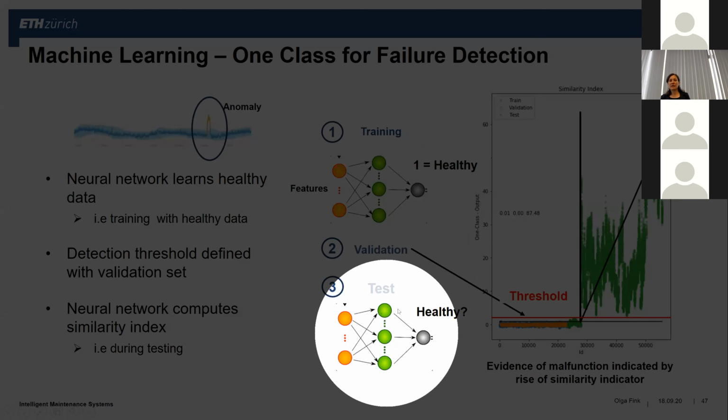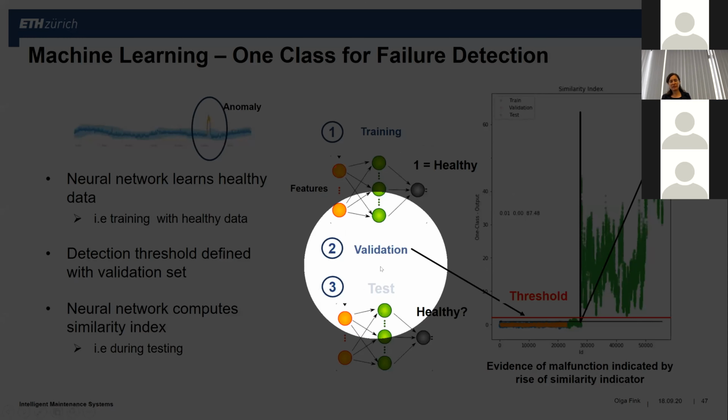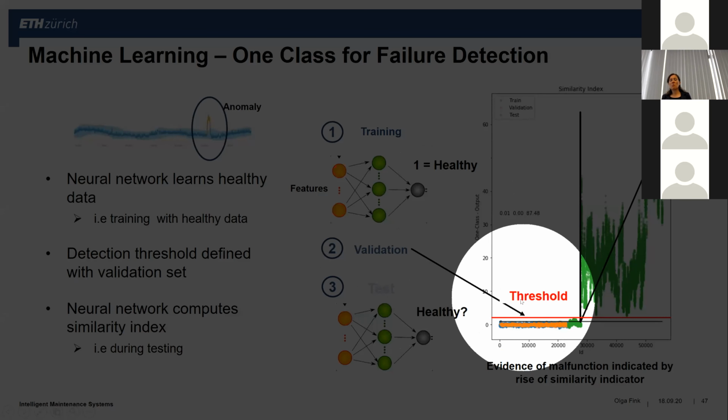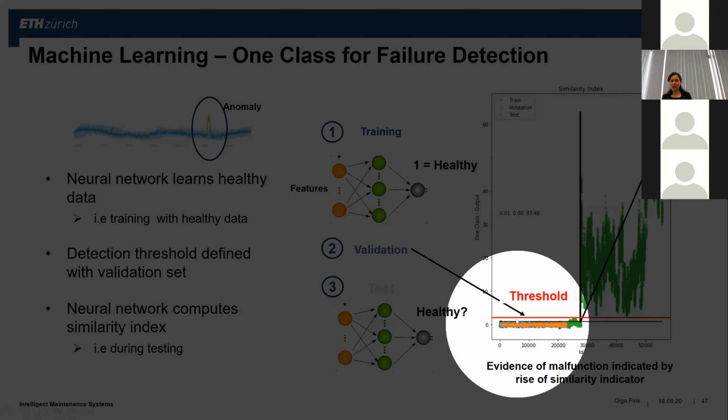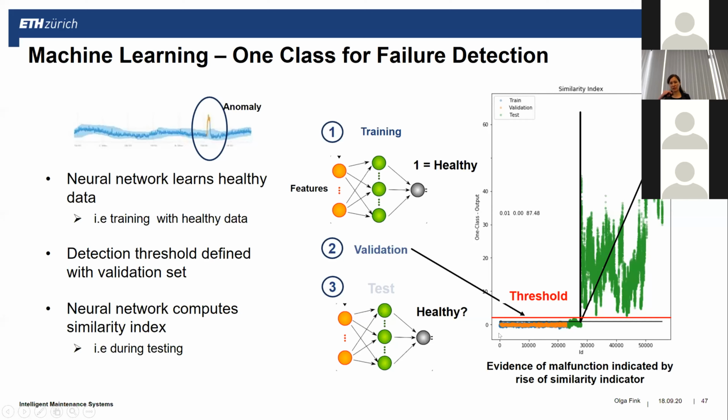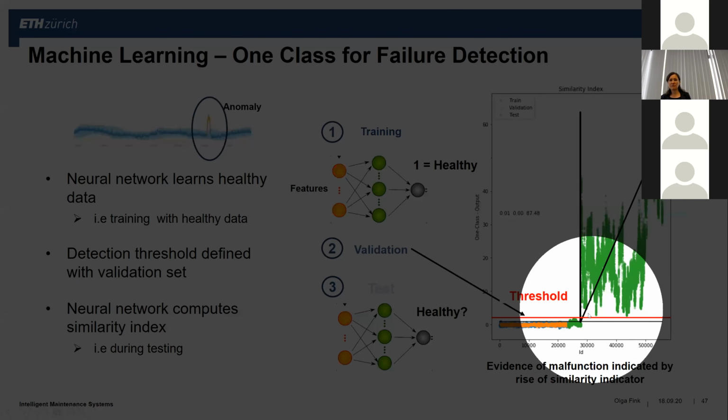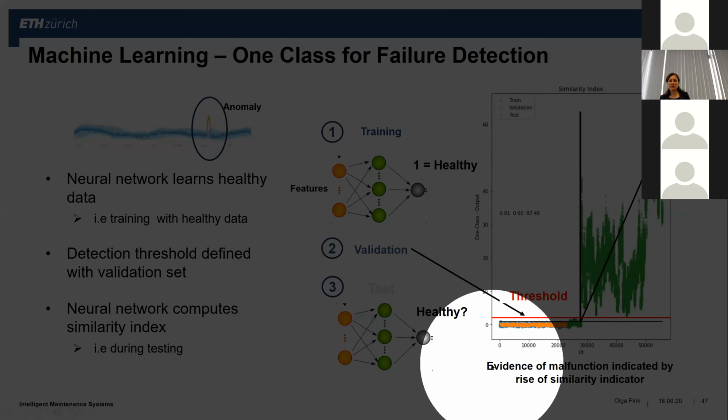And as you see, this is the output of the one-class classifier. The number cannot be interpreted directly. What it tells us is that, for example, this part is probably more distant to the healthy class than this part, and that probably here we have a second type, or a more severe fault type.